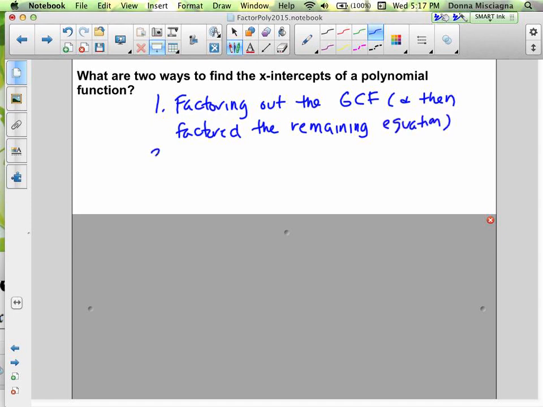And then number two was factor by grouping. And sometimes we also had to factor the difference of squares.